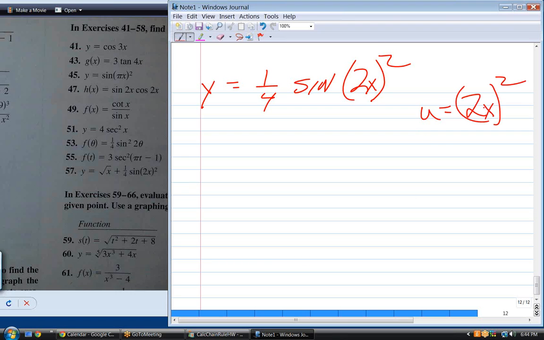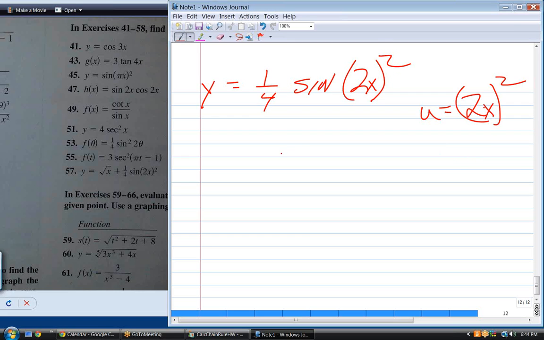And just so we don't accidentally forget, let's make that 4x squared, because that's what it is. So when I go to find du dx, I won't make a mistake. Although I could apply the chain rule twice to get that 4x or 8x. We'll just leave it like this.